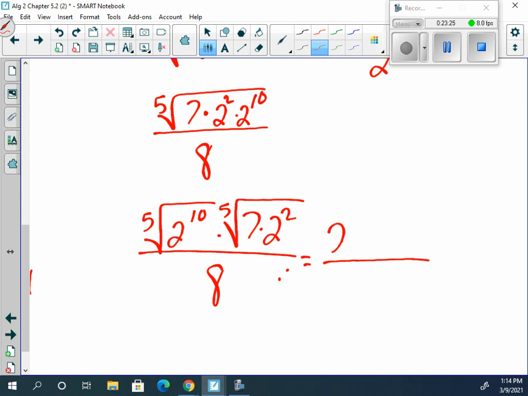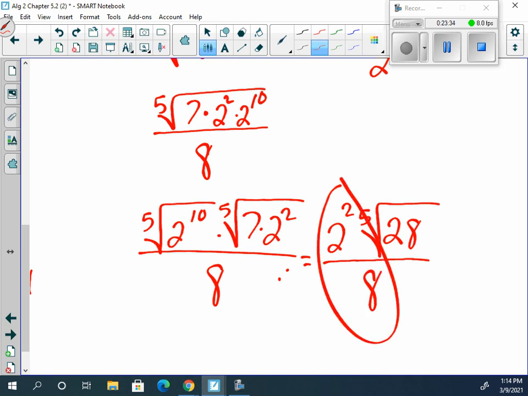Because this here actually reduces to 2 squared times the 5th root of 28 over 8. We get extra factors. Because we have an extra set of 4 that we had to pull out, or essentially 16, that we had to pull out of the numerator.